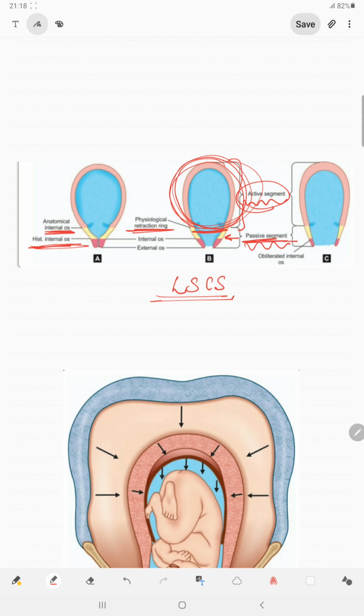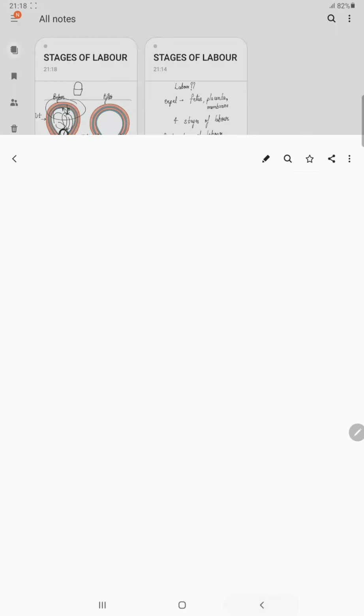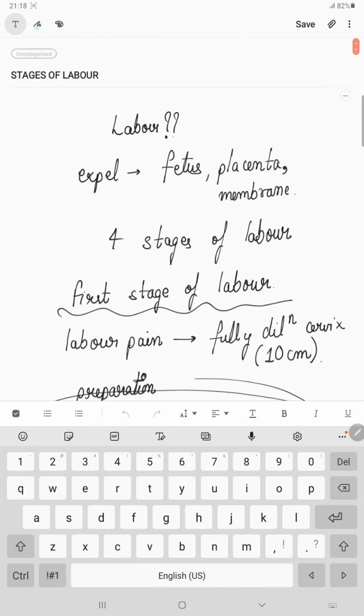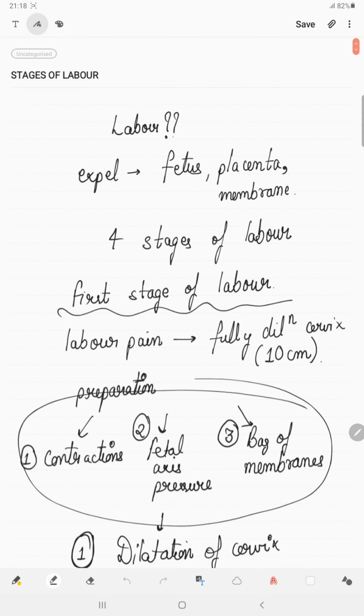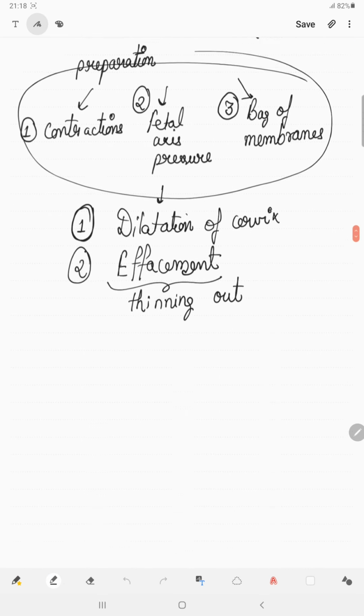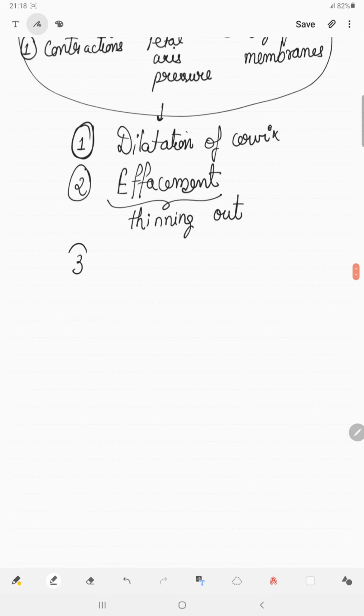So this was the first stage of labor. We have completed the first stage of labor, which was dilatation of the cervix, the effacement, and the third thing that I told you was the formation of the lower segment. So yes, my uterus is now fully prepared to deliver the baby out.